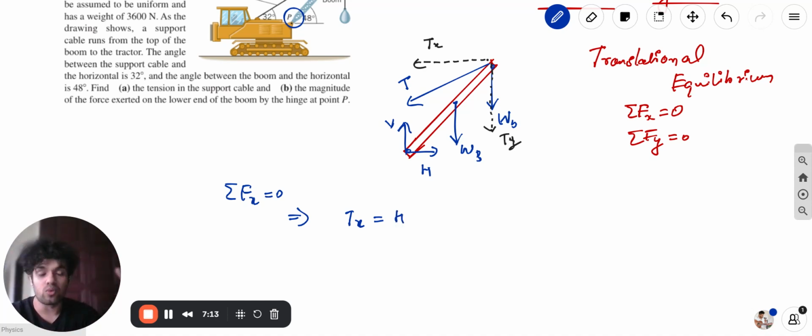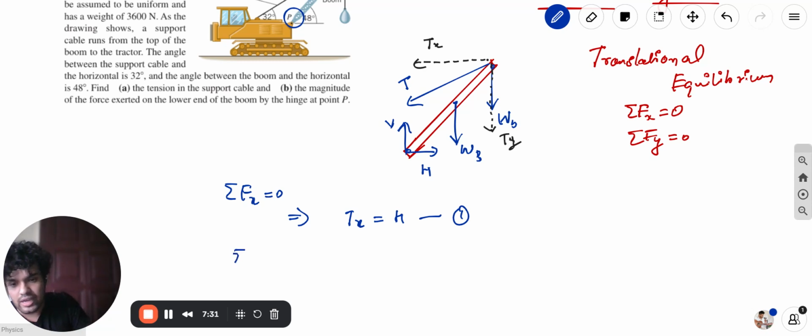Because the sum of all the forces acting in the horizontal direction must be equal to zero. So you have the x component of tension going left, and you have the horizontal hinge force going right. So they have to balance each other out. Now, this is our first equation.